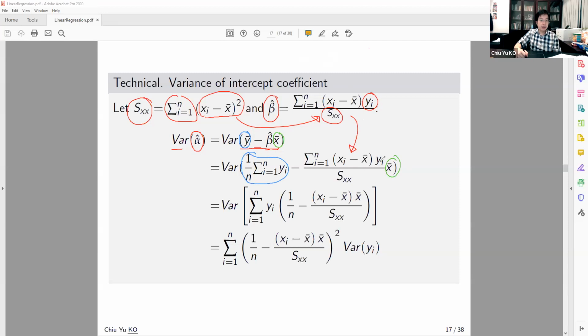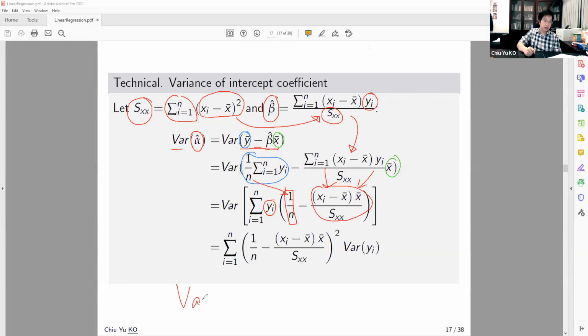And for yi, everything else is constant, so you can take yi out. So y is here. Then you can take 1 over n, which comes from here. Then you have this, which comes from here. And the variance of a sum is the sum of the variances.